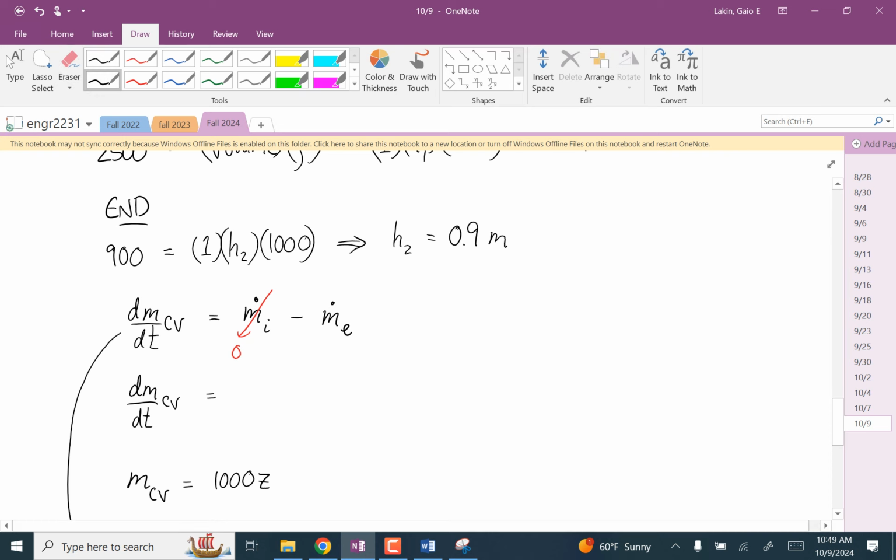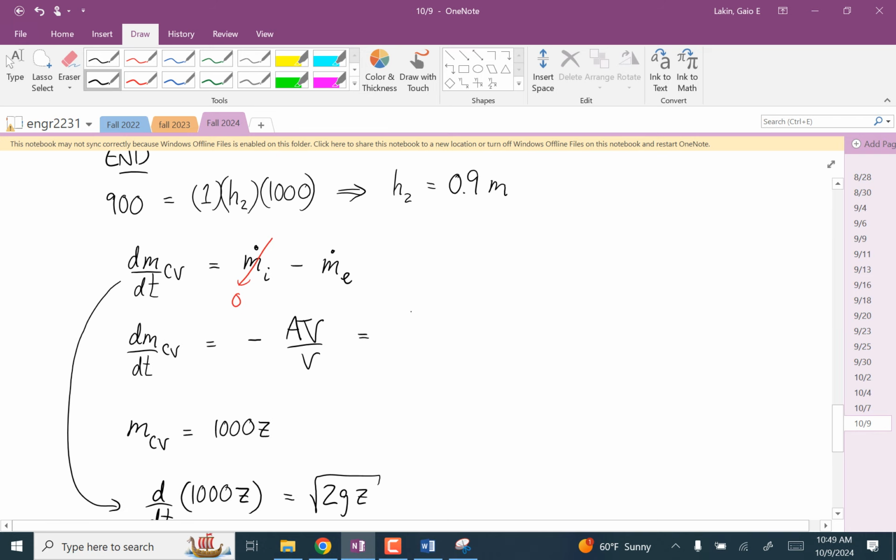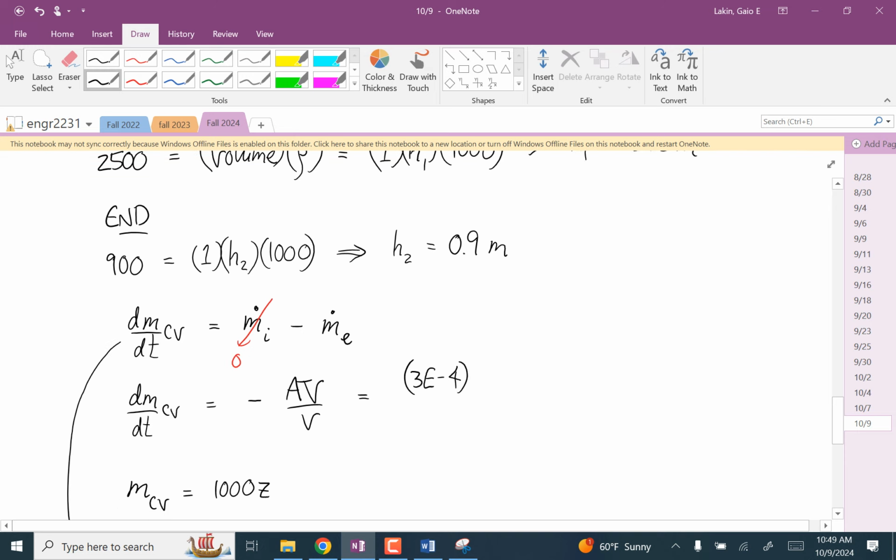So this is equal to negative area times speed divided by specific volume. And that area is 3 times 10 to the minus 4. That speed is 2gz to the 1/2. And the specific volume is 0.001.